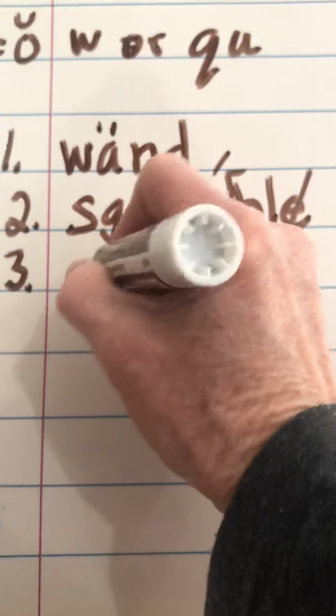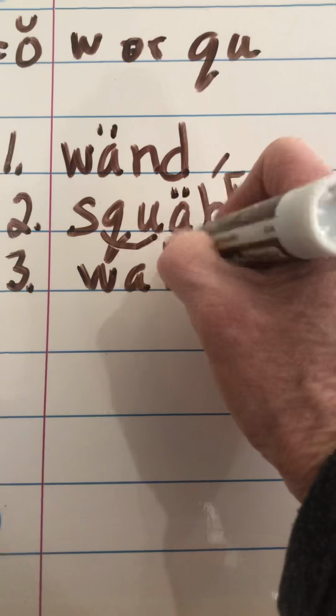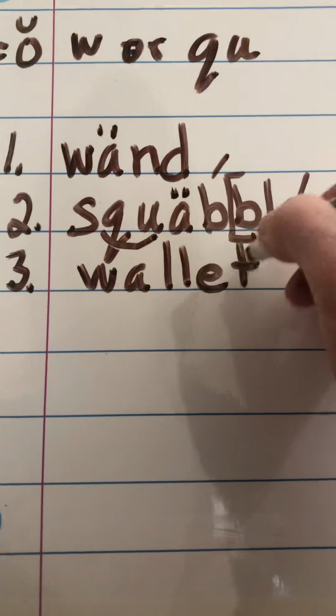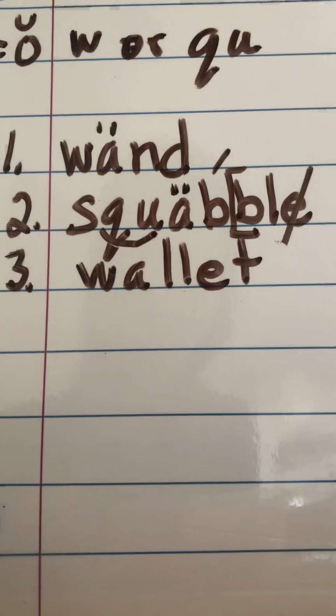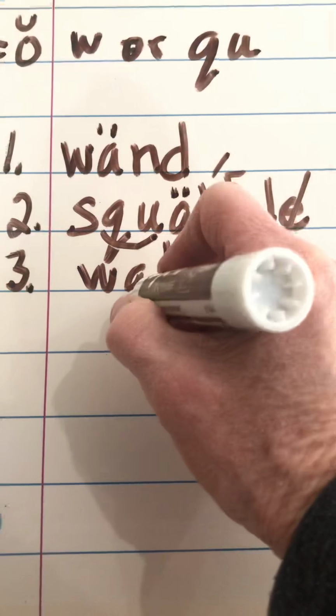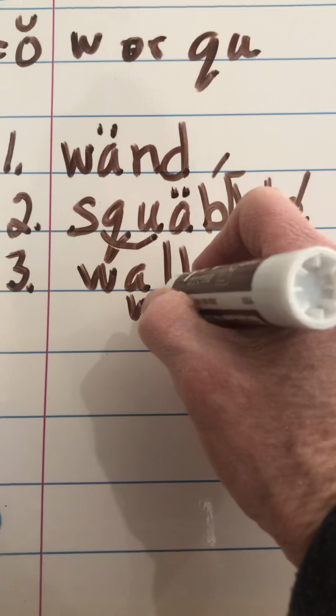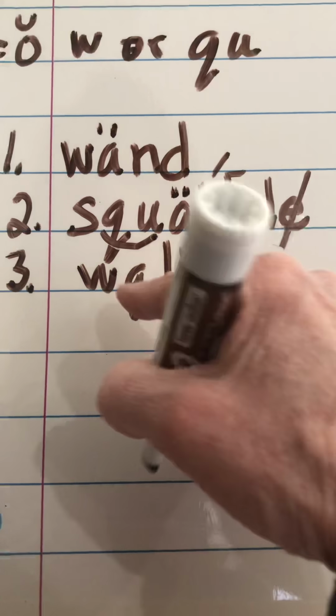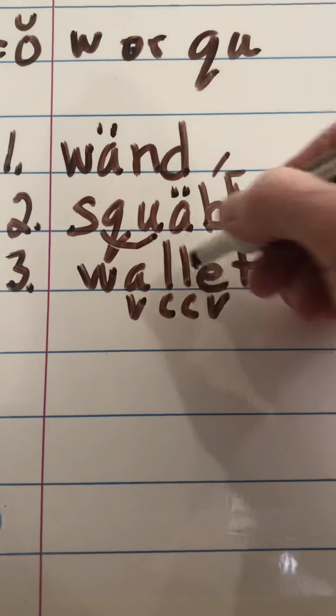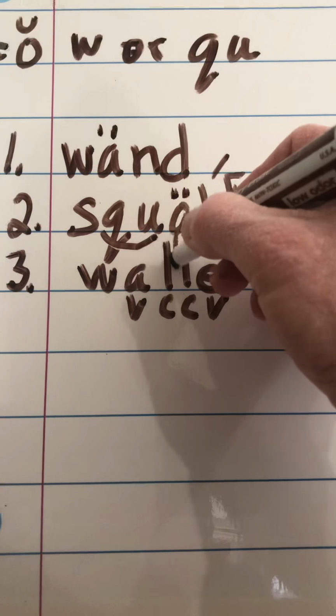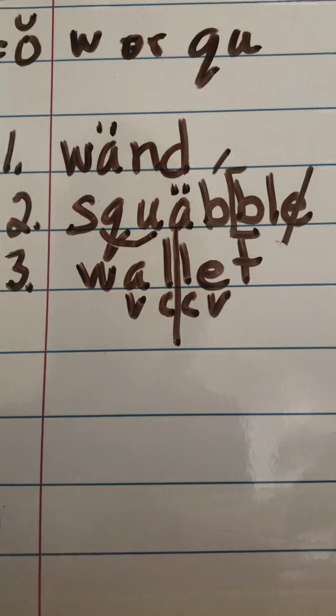Number 3, we have the word that we just showed you, the picture card. And this picture card, we have wallet. Now I have 2 vowels here, so I'm going to need to put some coding underneath. I have a vowel, consonant, vowel. So I know that I automatically have to divide the word in between.